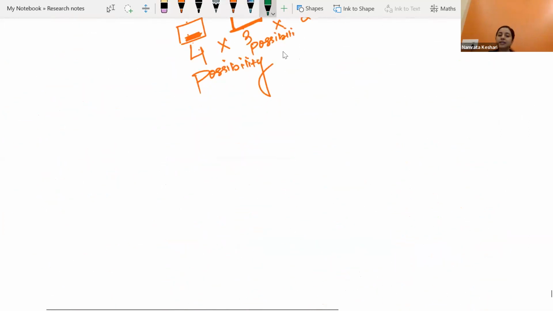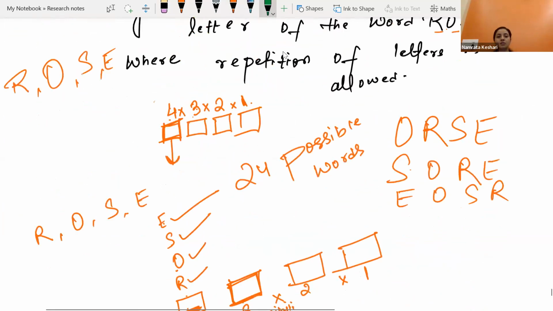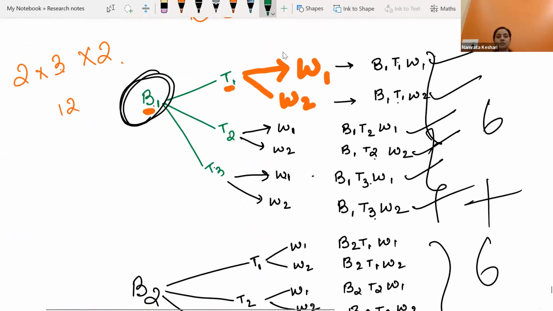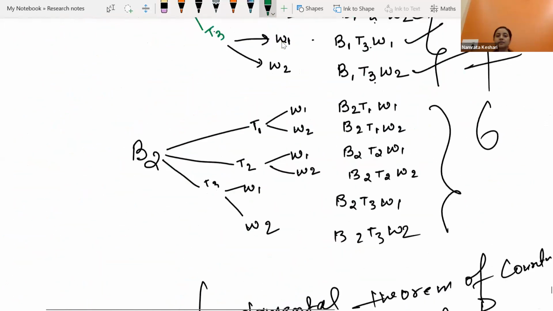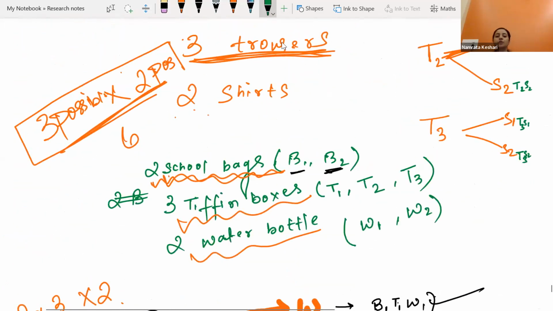Basically, the fundamental theorem of counting says that if there are m ways or m possibilities for the first event, meaning we want to select a bag, and how many possibilities are there? 2 possibilities.